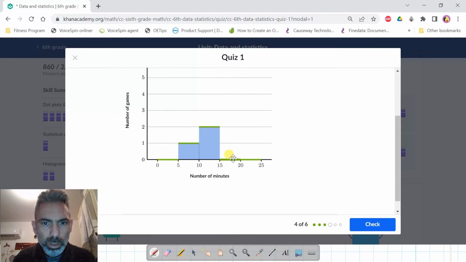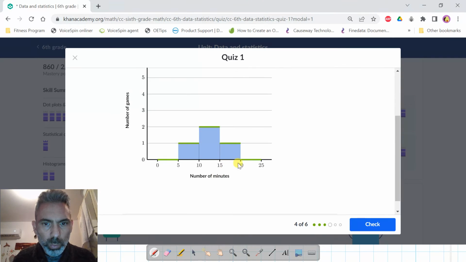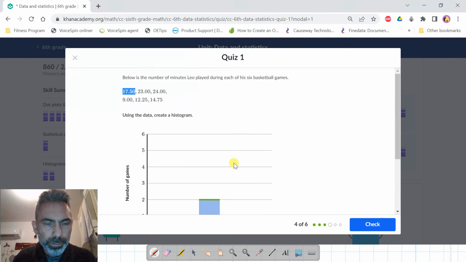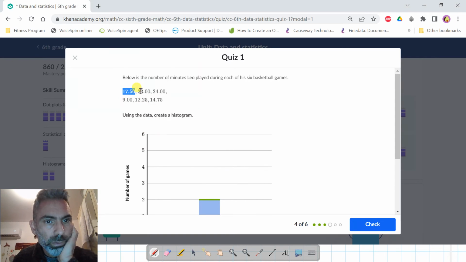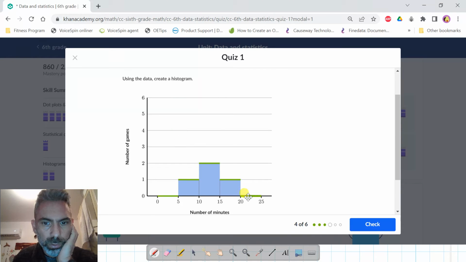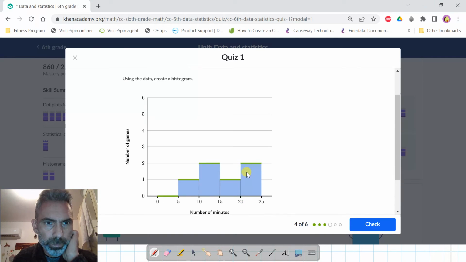So one match he played between 15 and 20 minutes. And between 20 and 25, we have 23 and 24. So two matches he played between 20 and 25 minutes.